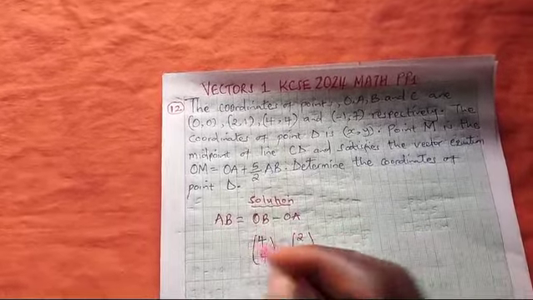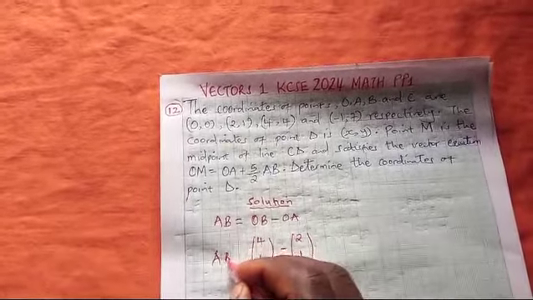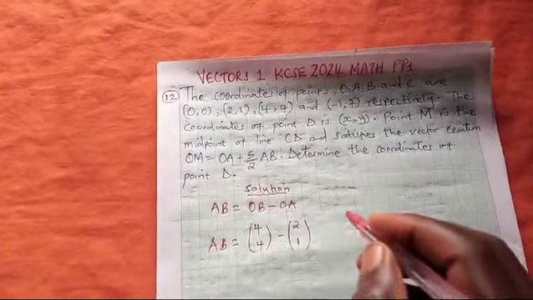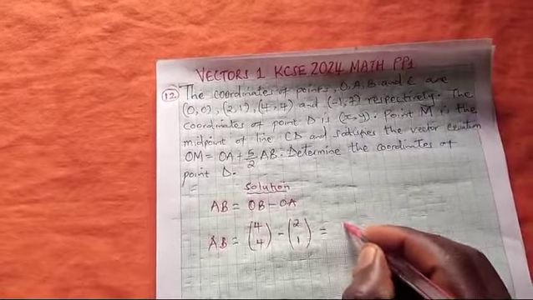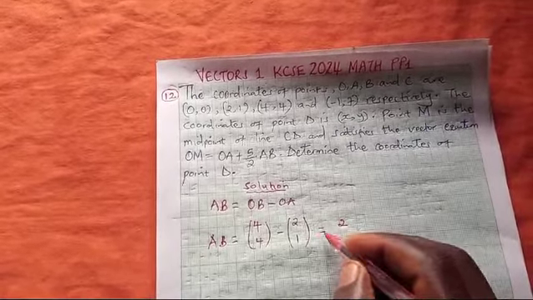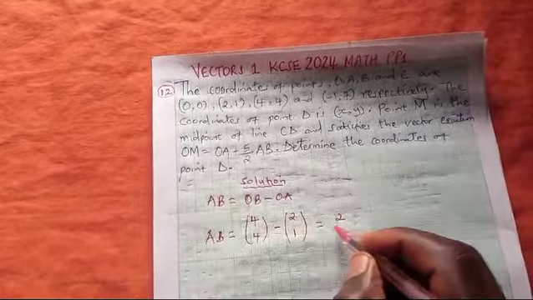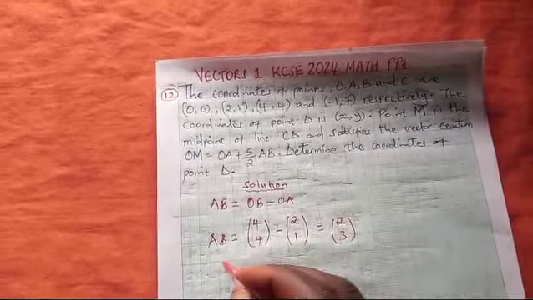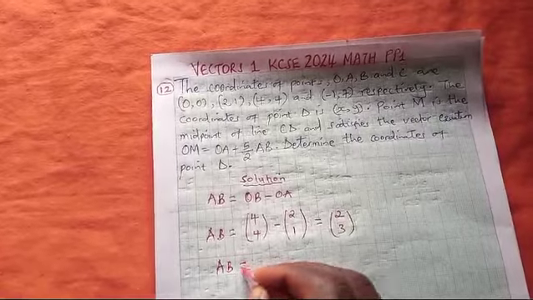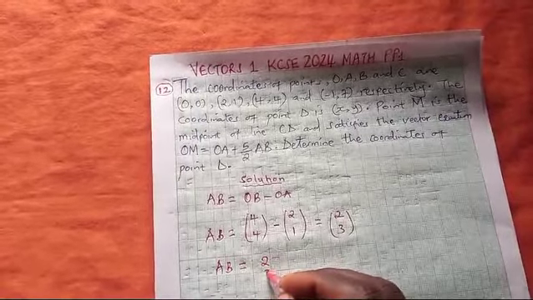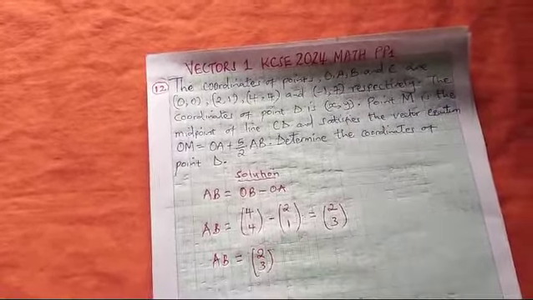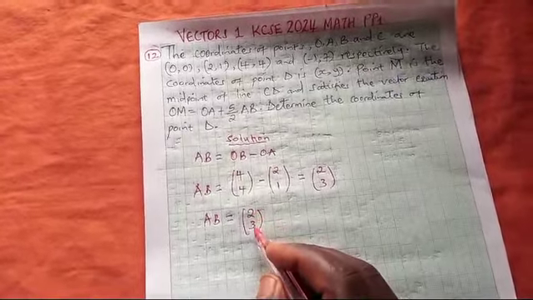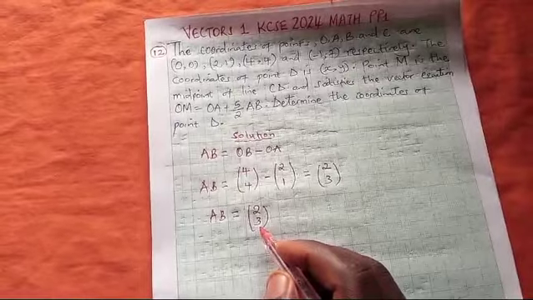We subtract: 4 minus 2 is 2, and 4 minus 1 is 3. So vector AB in column form is (2, 3).